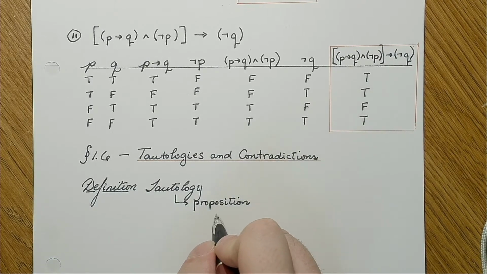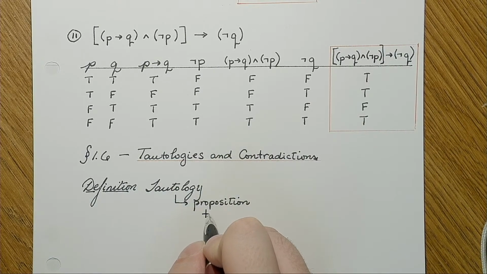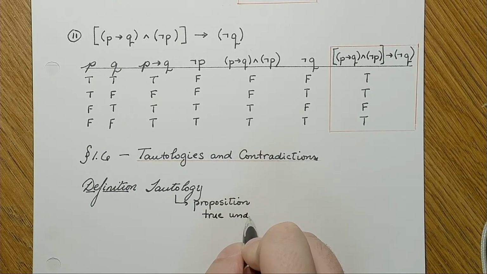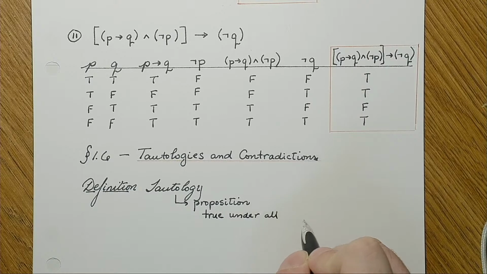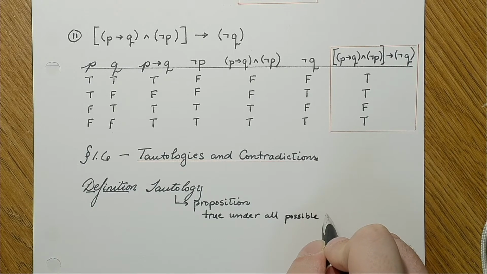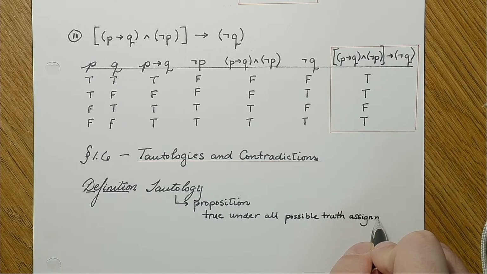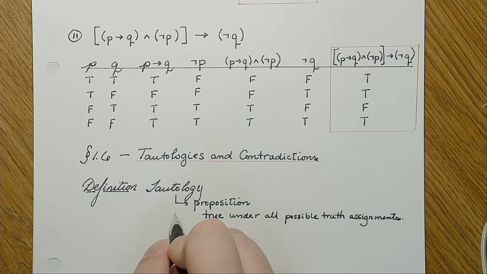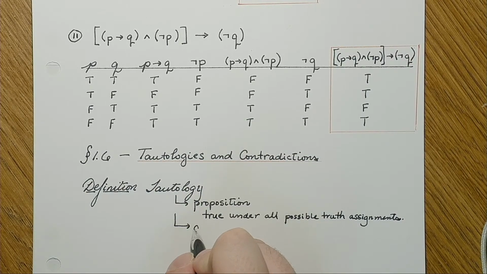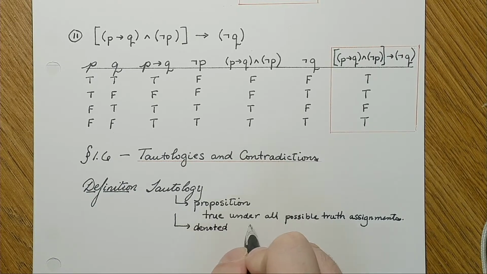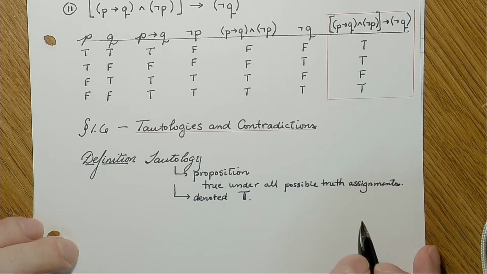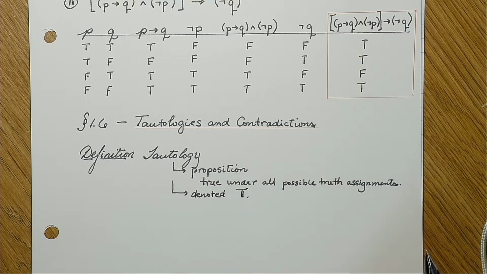It's a proposition, but in this case, it's true under all possible truth assignments. And in our book, it's denoted by a T. This is what we call blackboard T, blackboard notation, because we just kind of double it up.